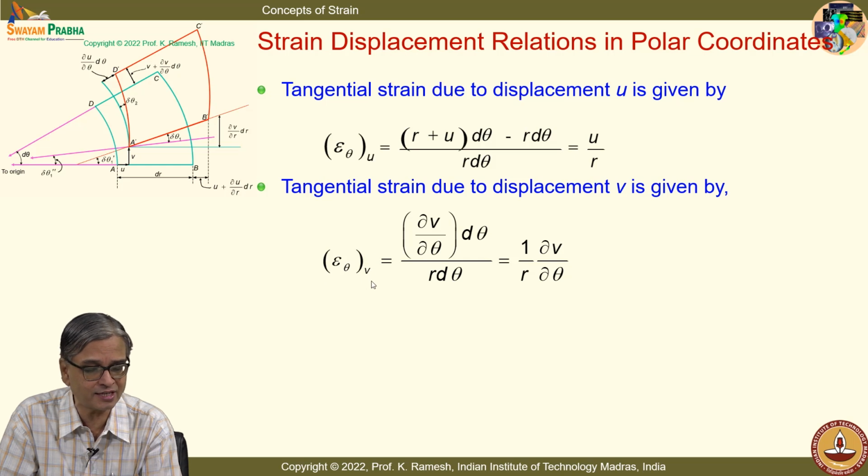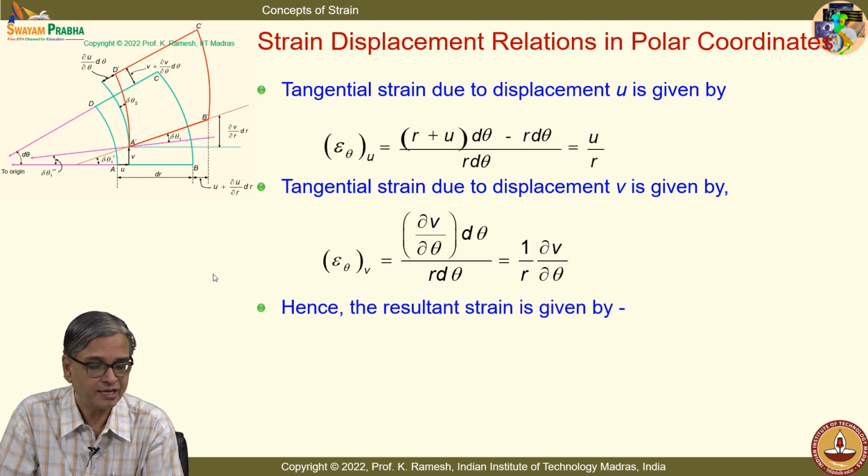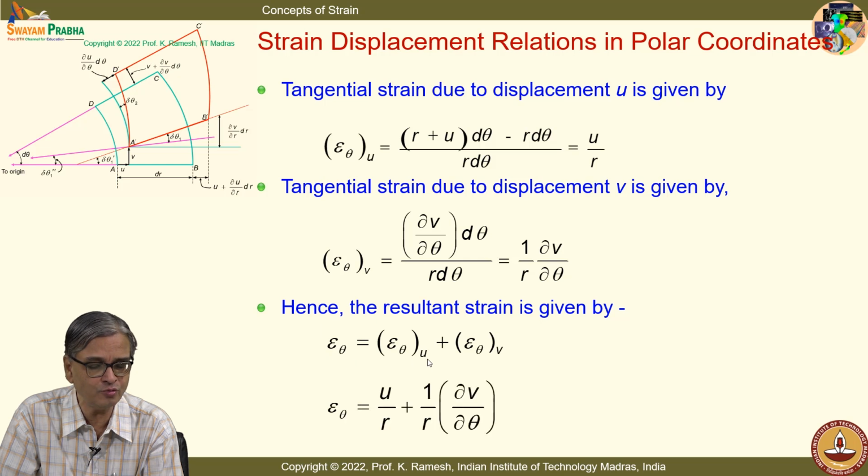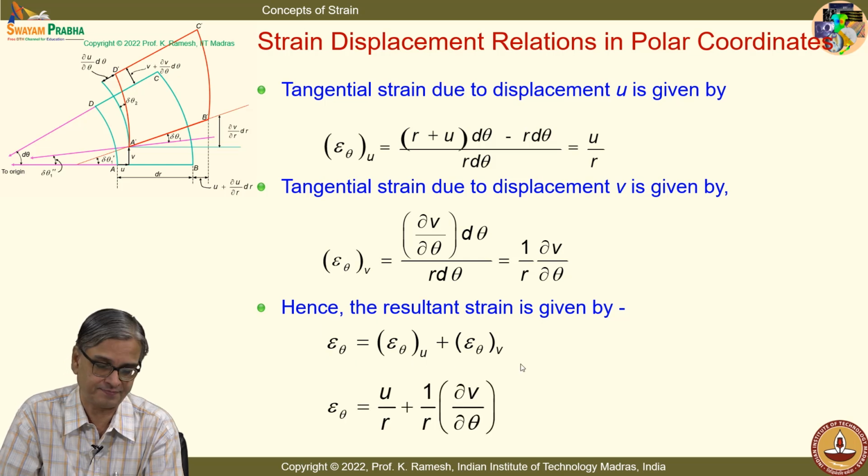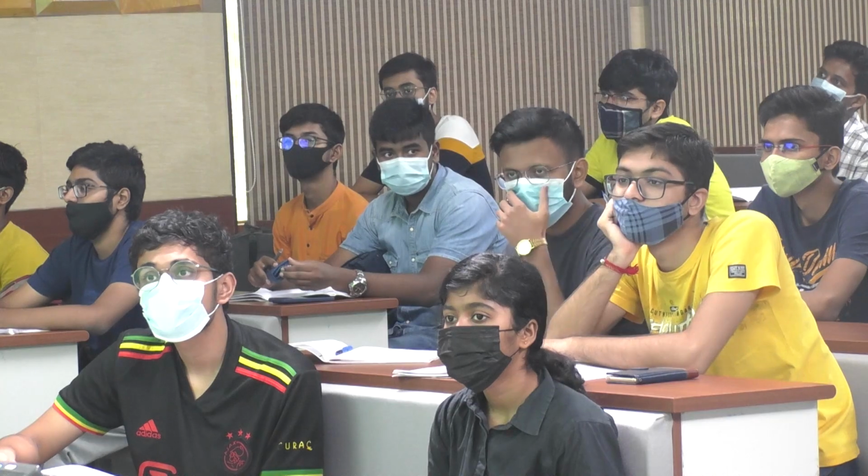V is the change in the circumference length, u is the change in the radial length. So this also will have a component. So the resultant strain is epsilon theta equal to epsilon theta u plus epsilon theta v. That gives me epsilon theta equal to u by r plus 1 by r dou v by dou theta. Is the idea clear?